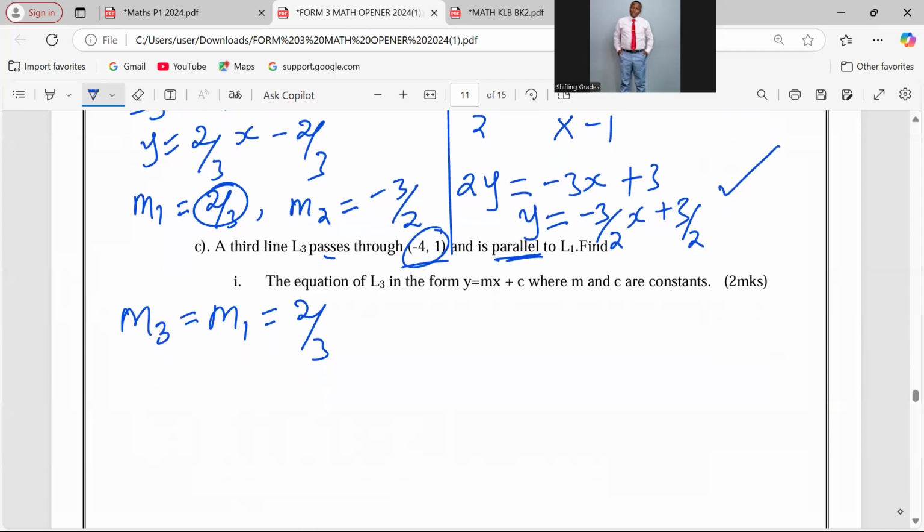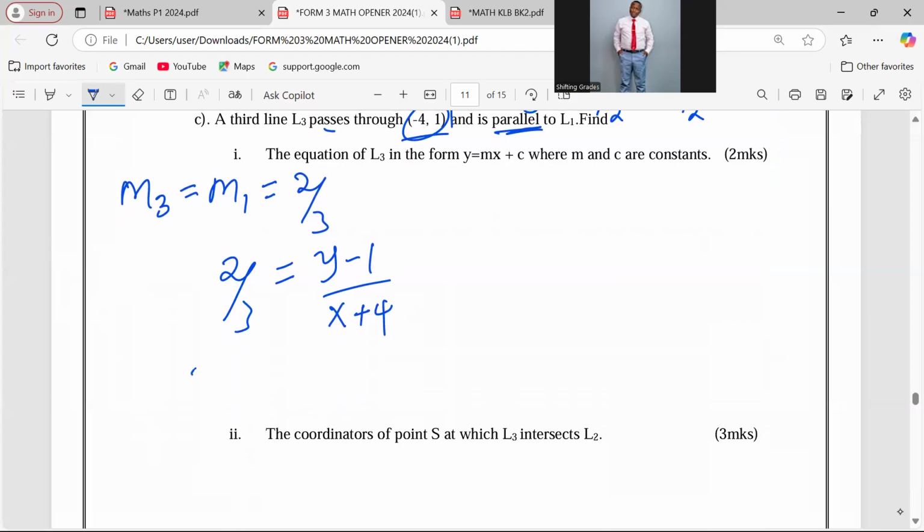Now we are also given a coordinate where the line passes, so we can now talk about the equation. 2/3 being equal to, we pick another coordinate x, y, so y minus 1 out of x minus -4. So minus -4 becomes +4. A cross multiplication will give us 3y minus 3 equals 2x plus 8.